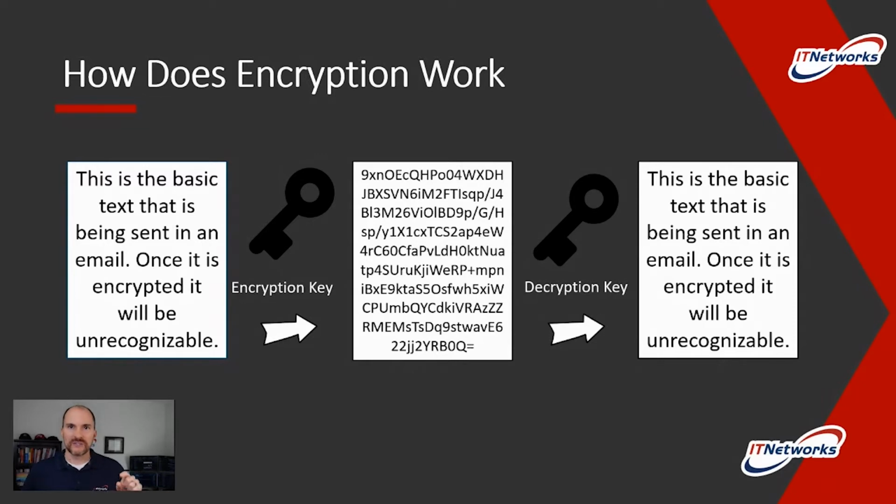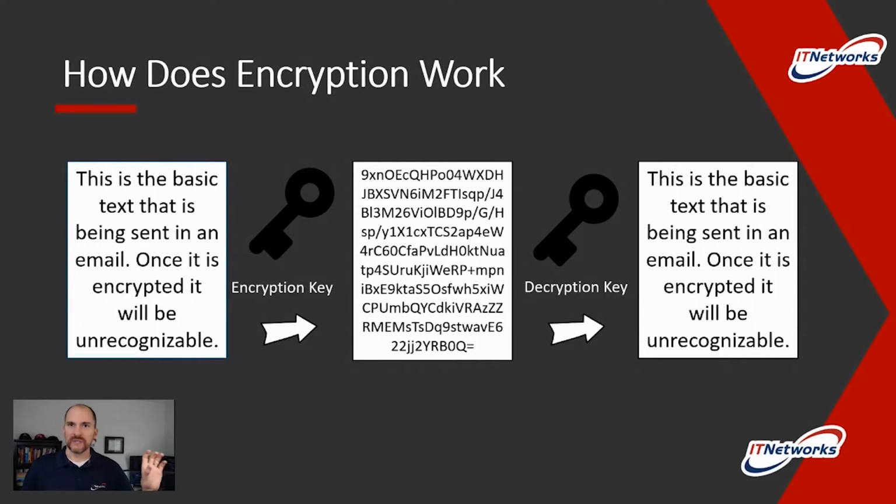How it does it is it takes that plain text and applies an encryption key. That encryption key then translates that text into the gibberish. And then you have a decryption key that reverses that. So if this was an email, I would say, hey, I'm going to encrypt this email. I send the email out as the basic text.